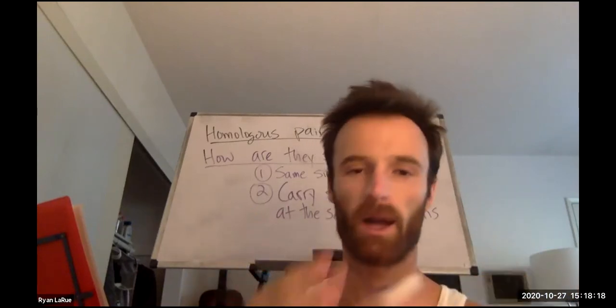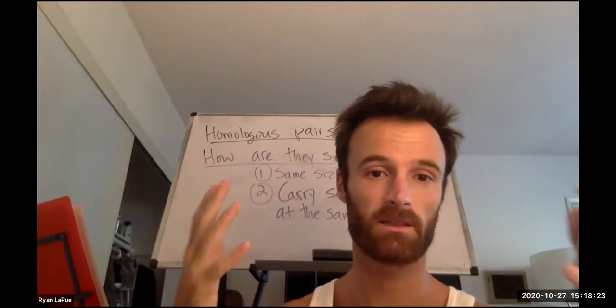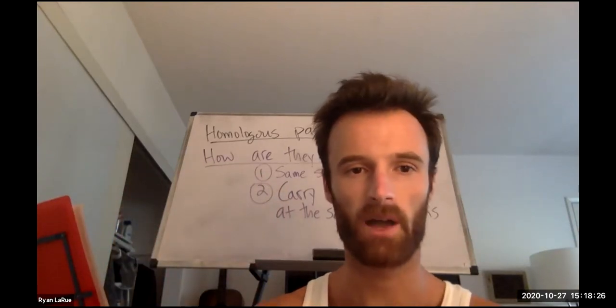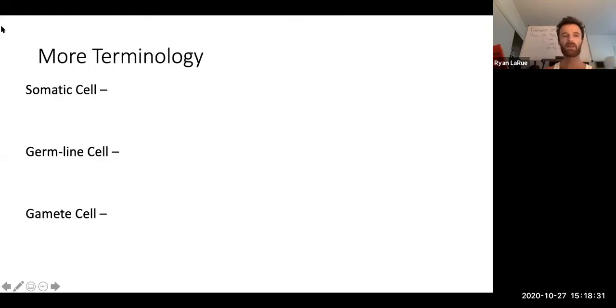We're going to really hammer out how exactly these processes occur, okay? For now, in this lecture, we're focusing on learning new vocab words, really, and some conceptual stuff. So we're going to talk about what is a somatic cell, what is a germline cell, and what's a gamete cell. And the reason is because they all relate to these processes of cell division. And you'll see that in a minute.